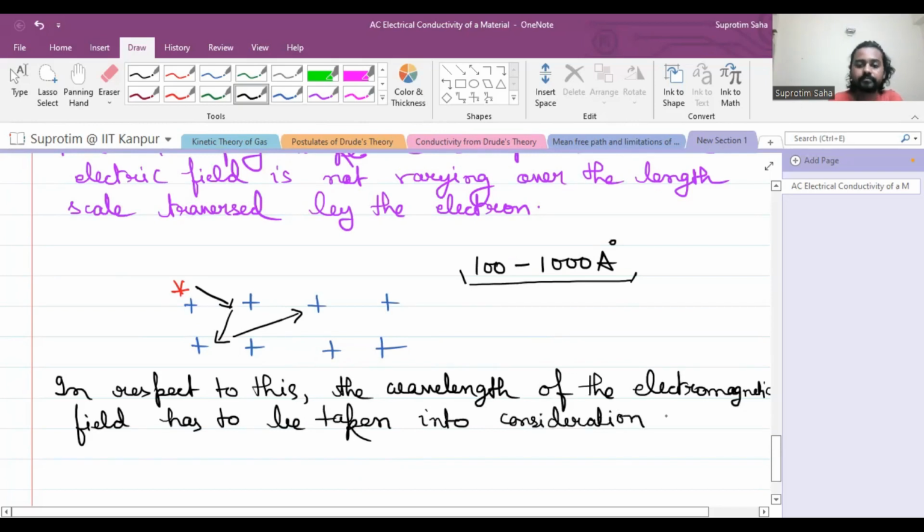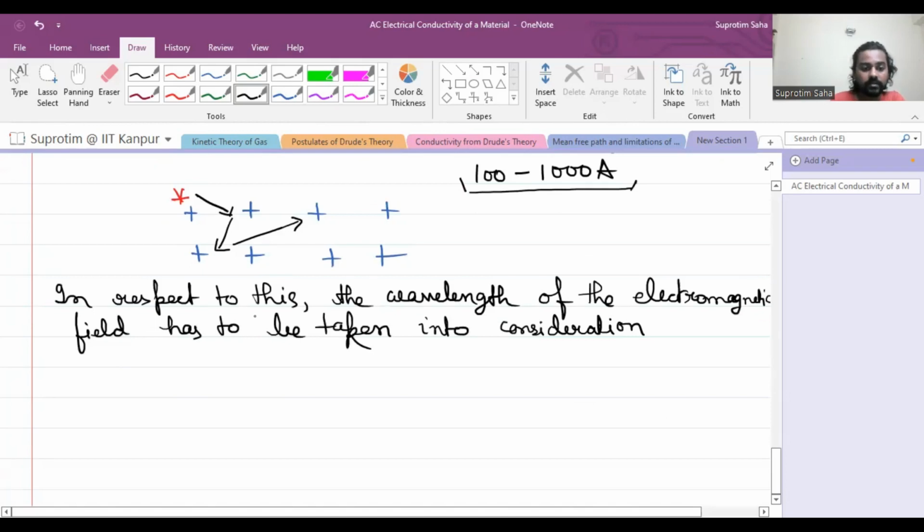Lambda has to be larger than the length scale traversed by the electron.